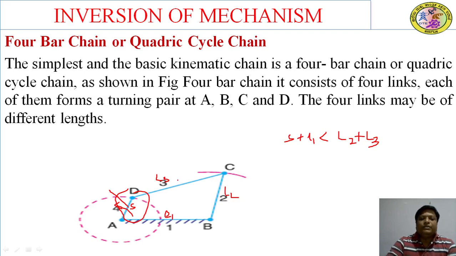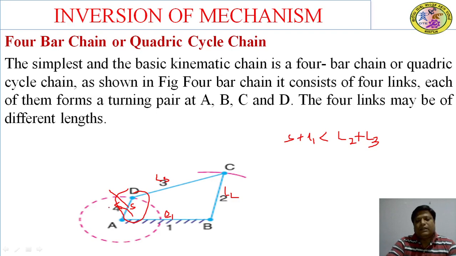Got it? The 4-bar chain or quadric cycle chain is the simplest kinematic chain or simple mechanism. It consists of 4 links, each of a different length, and exerts 4 turning pairs.